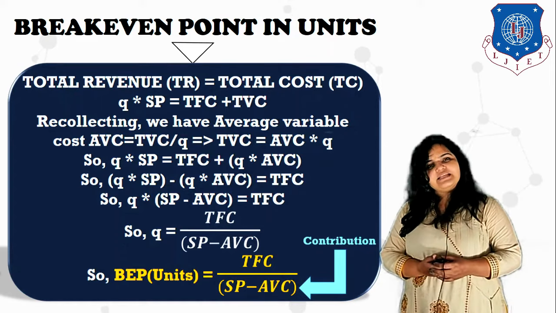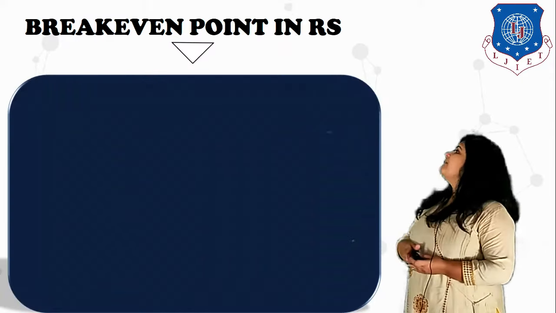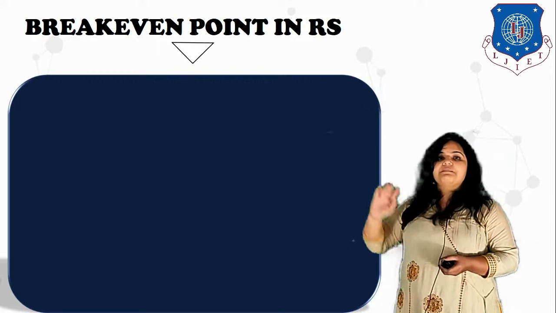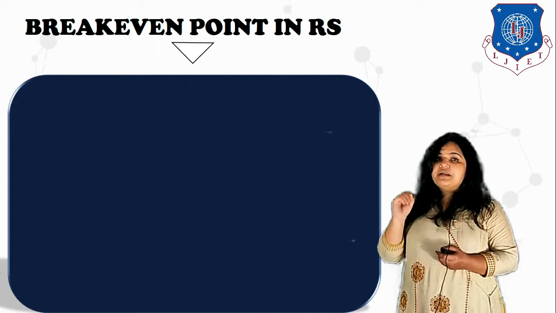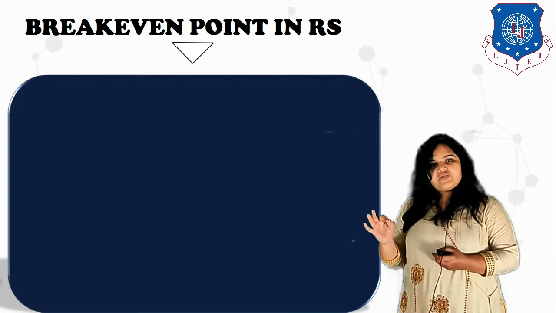Let us check out the derivation for break-even point in terms of rupees. What is break-even point in terms of rupees? Students, I got the number of units at which break-even occurs.